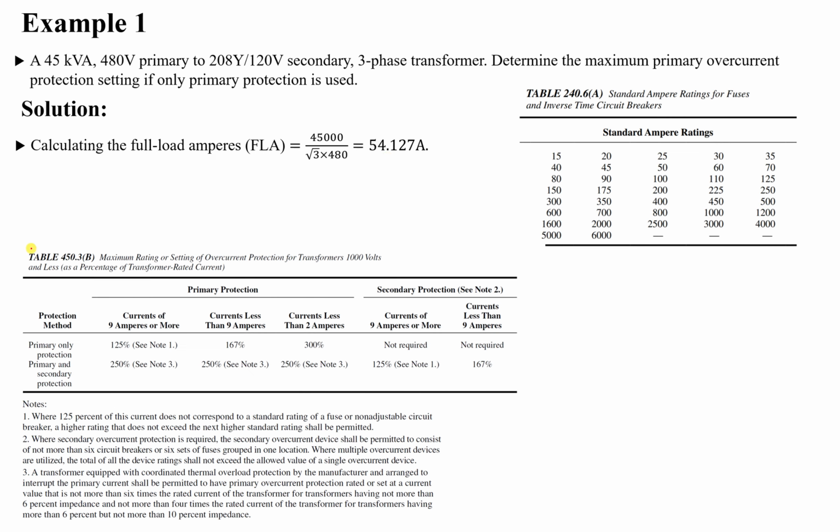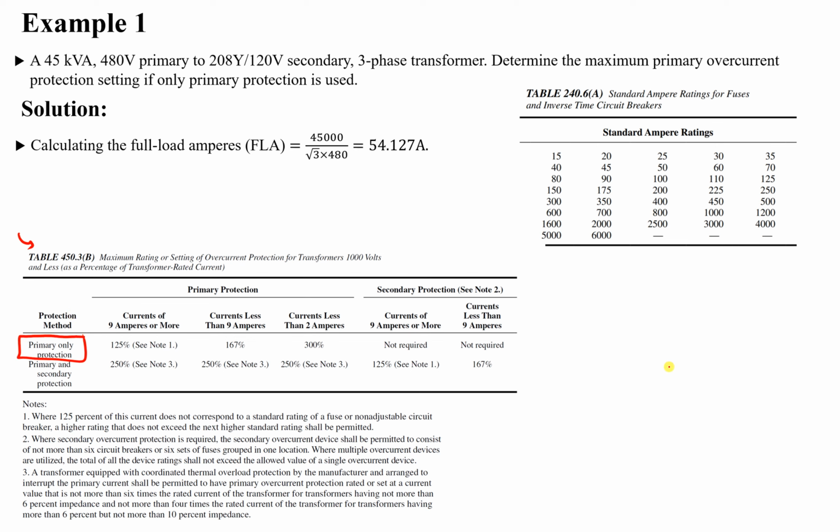This is the table from NEC, table 450.3(B). This one is concerned with transformers of 1000 volt and less, like in our case here. It says you have two conditions. One, if you are going to use primary protection only.